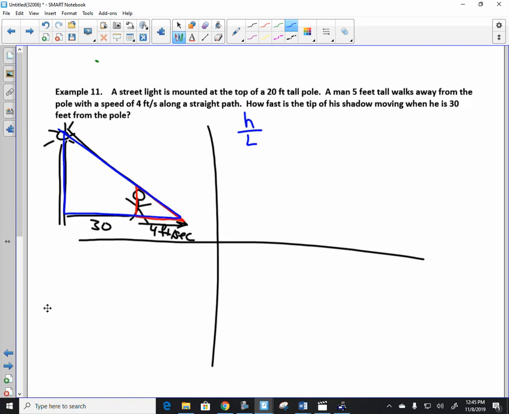So I'm going to talk about the height divided by the length. Let me set it up like that. So what is the height of the pole? 20 over, what's the length of the shadow? So we've got 30, right? But that's the rate. We don't actually know how long his shadow is right now, do we? So I'm going to use S to represent the length of the shadow. So what expression would we use for this entire length here? 30 plus S is equal to, what's the height of the man? 5 over S, his shadow.